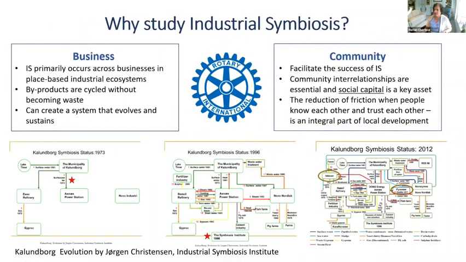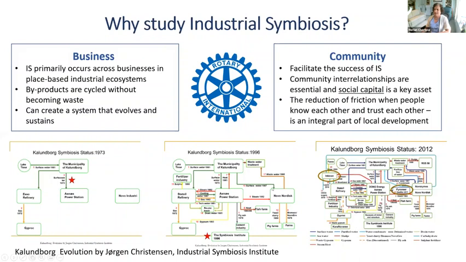So why industrial symbiosis? Why does it make my heart beat? What's so exciting about it? If you've ever heard of an industrial symbiosis cluster, you've heard about the one in Kalundborg, Denmark. I just have to say that I found this eye-popping the first time I saw it in the 90s. I just thought, wow, in 1973, in this small city in Denmark, there started to be some industry.